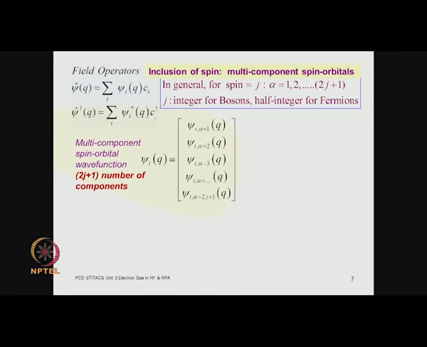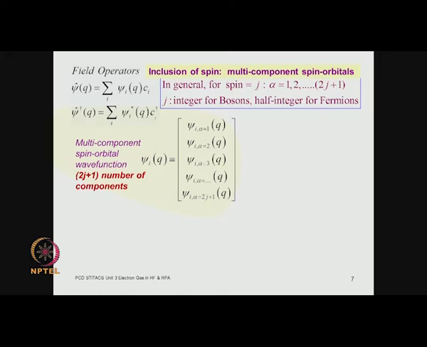Okay. And psi I q, where you had written the quantum state I as a single index, will now need to be specified with 2 indices. One is I and the second is alpha, which will go from 1 through 2j plus 1, because there are 2j plus 1 components.